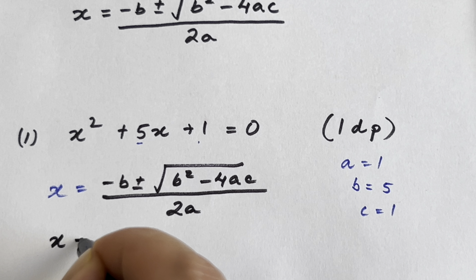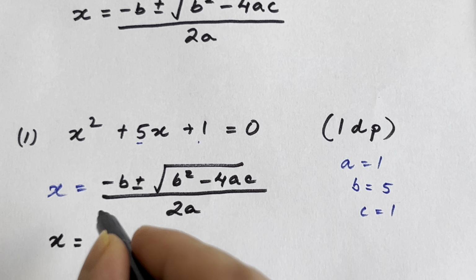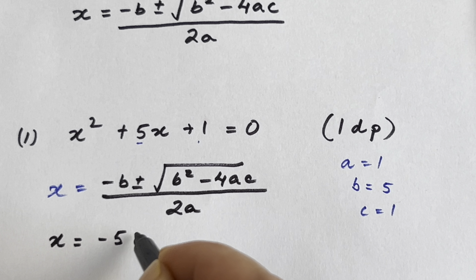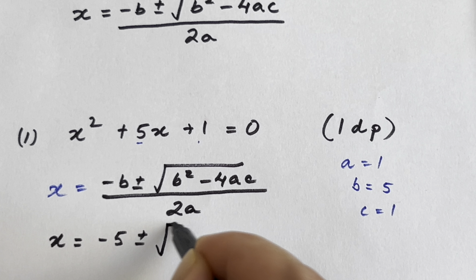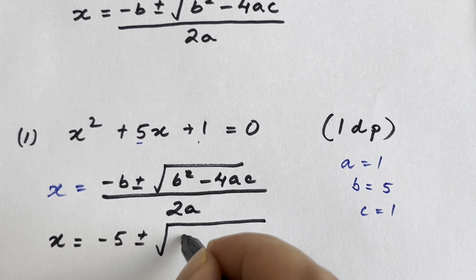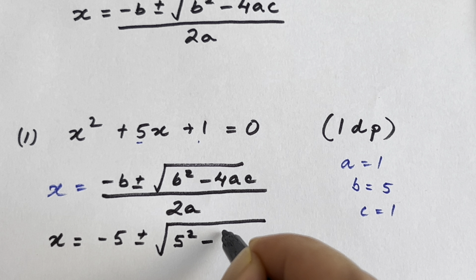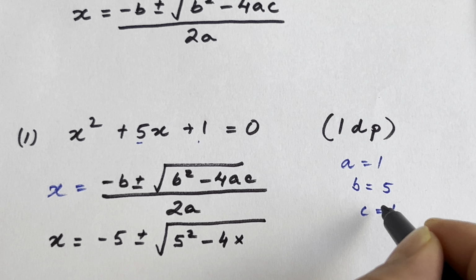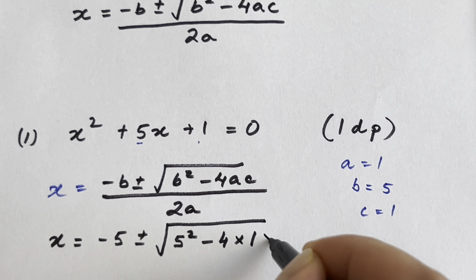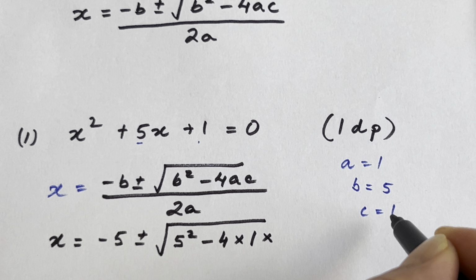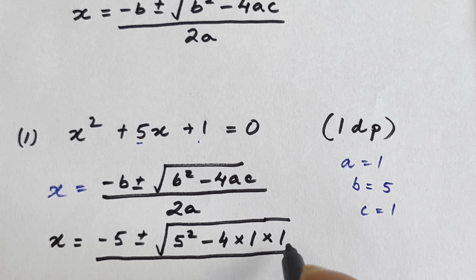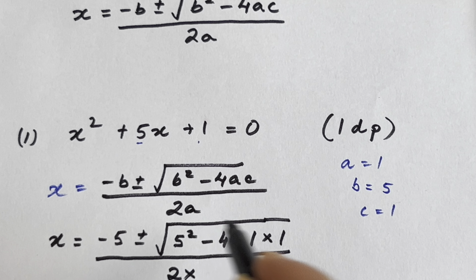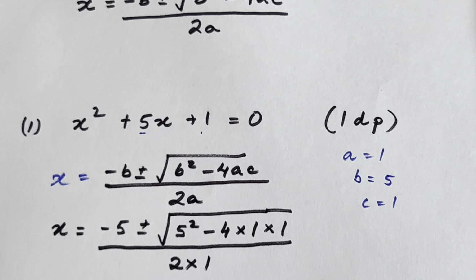So x equal to, b is 5, so minus 5 plus or minus b square, which is 5 square, minus 4 times a, which is 1, times c, which is 1, all divided by 2 times a, which is 2 times 1.